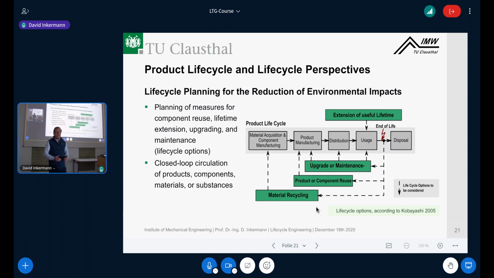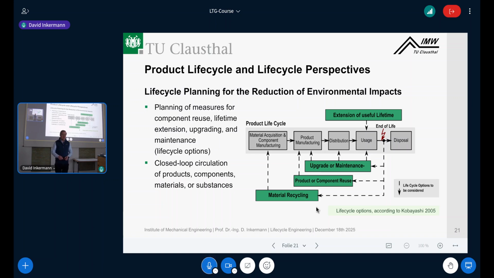For instance, in the case of the aircraft turbines, we had this upgrade and maintainability, or maintenance, example. And in the case of the turbine blades of the wind turbine, we have more the recycling option, because there are some ideas for how you can reuse segments of the turbine blades, but nearly no ideas for how to reuse the complete turbine blades.